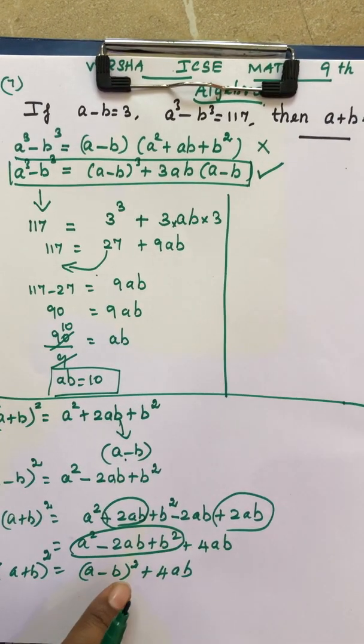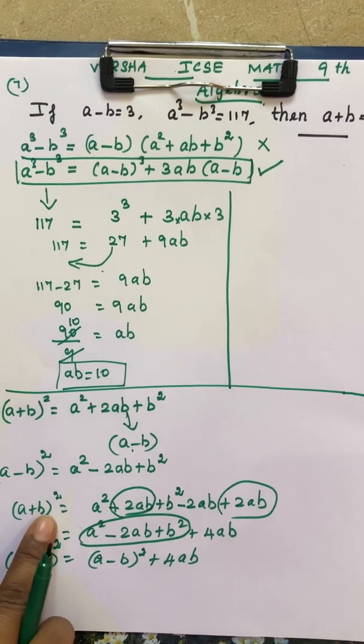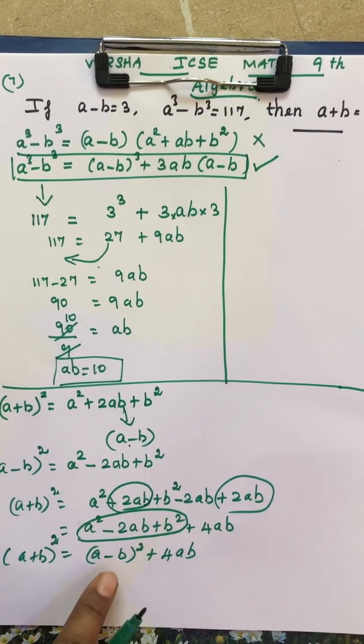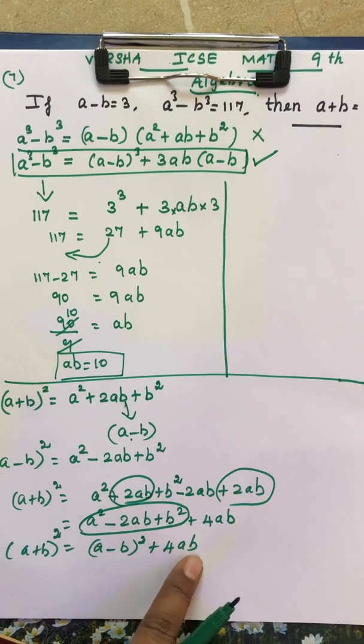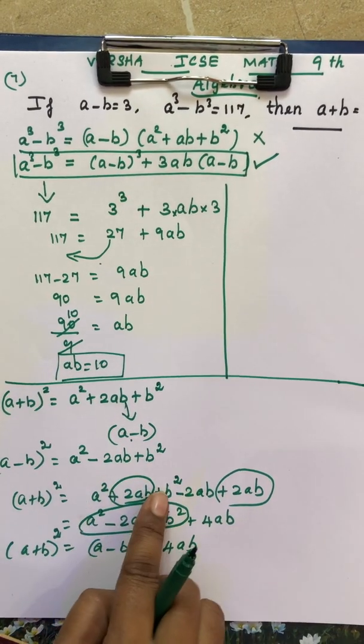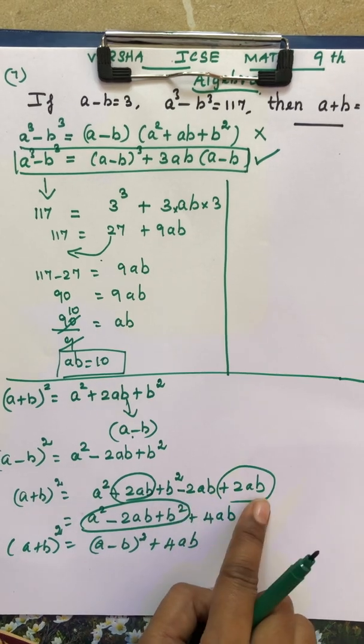Do you understand this step? a plus b the whole square can be written as a minus b the whole square plus 4ab. That is why we add and subtract 2ab.